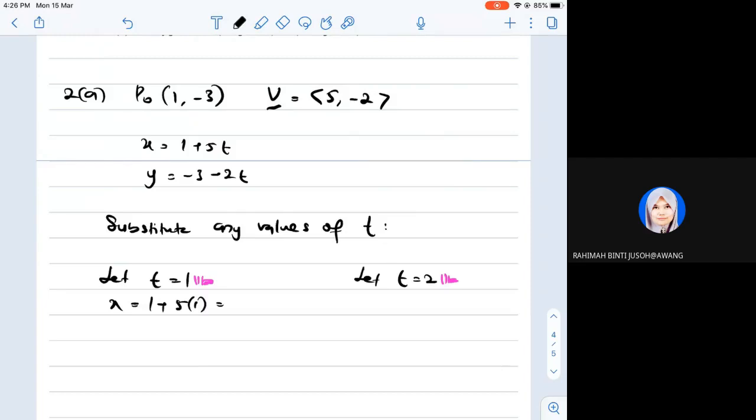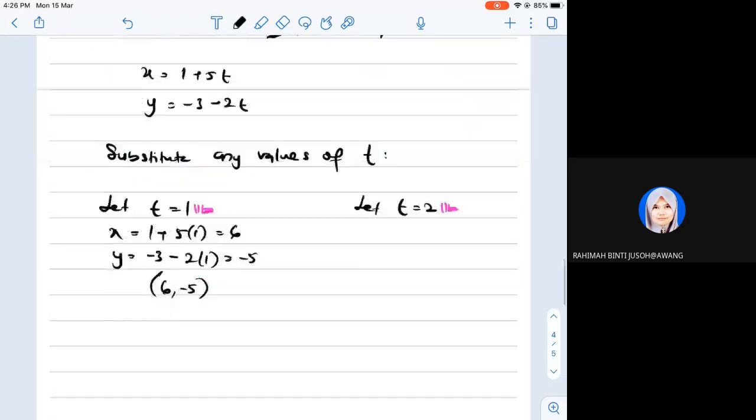So let t equals 1, we will have x equals 1 plus 5 times 1, we will get 6. y equals negative 3 minus 2 times 1, we will get negative 5. So satu titik, 6, negative 5. Ini titik yang pertama. If we let t equals 2, x equals 1 plus 5 times 2, kita akan dapat 11.